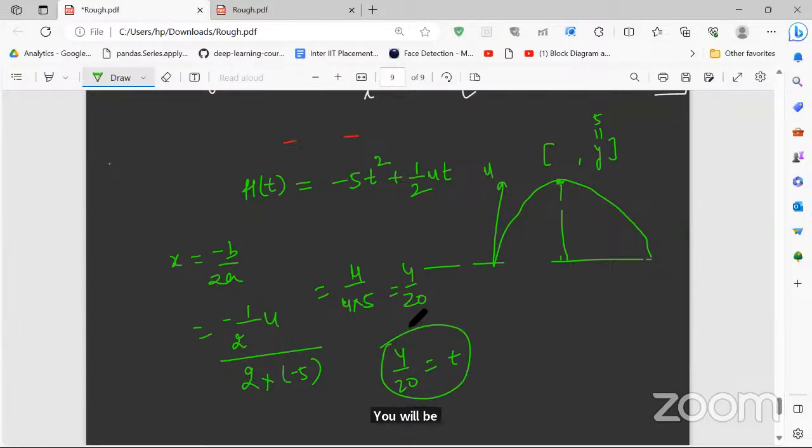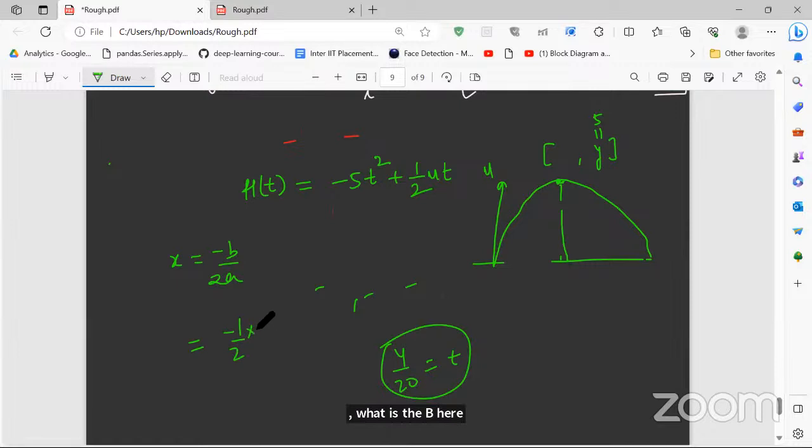Is this clear or not? 2 into minus 5 will be minus 10. What is b here? Minus b is minus u by 2, this is b.